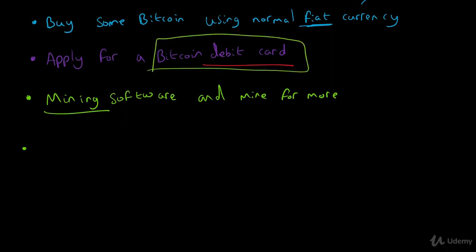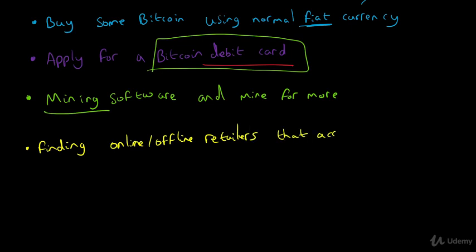apply for a Bitcoin debit card, which ultimately allows you to use Bitcoin the way you would use conventional fiat currency. But I would also recommend finding online and offline retailers that accept Bitcoin.